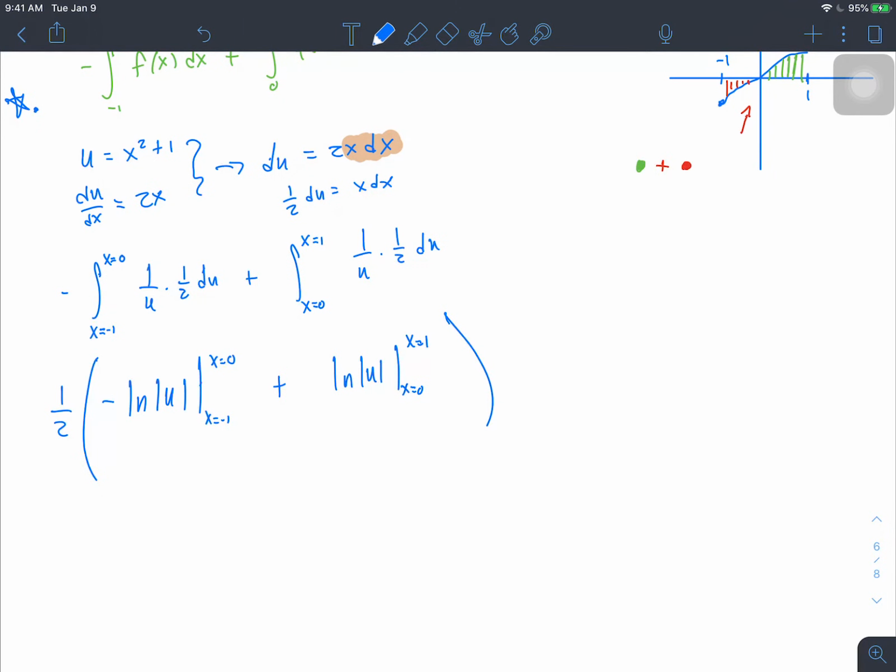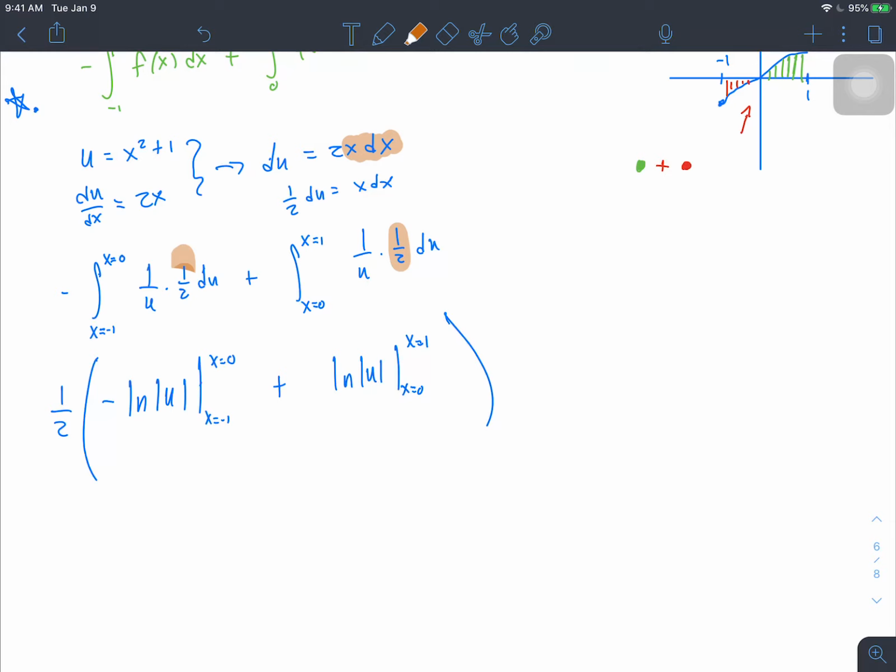Okay, so let me just point out really quickly that this 1/2 here, from each of these two pieces, came out front, and I put these parentheses around here. I just took out a greatest common factor. Okay, I took the 1/2 out of both integrals and put it out front.